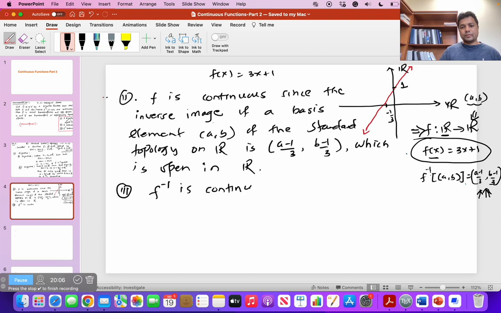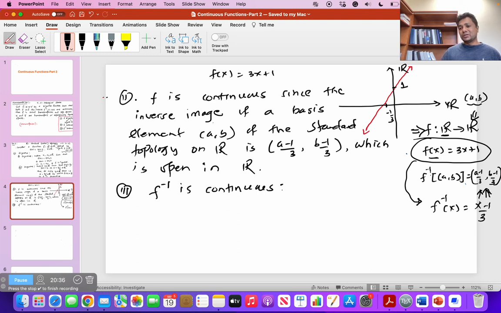To check whether the inverse is continuous or not, the first thing we need to do is find the inverse of this function. You have learned how to find the inverse of a bijective function in lower level math courses like college algebra. If you find the inverse of this function, you will get x minus 1 over 3.